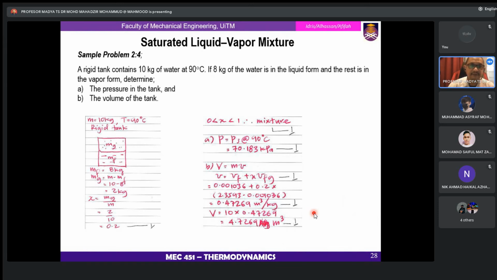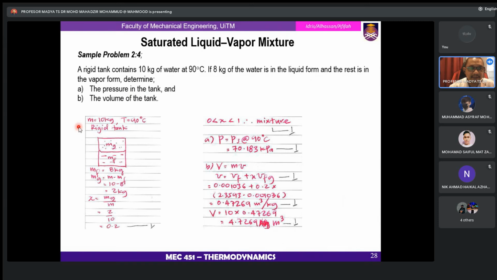This is an example of how we find the vapor mixture. A rigid tank contains 10 kilograms of water at 90 Celsius. If 8 kilograms of water is in the liquid form and the rest of it in the vapor form, determine the pressure in the tank and also the volume of the tank.